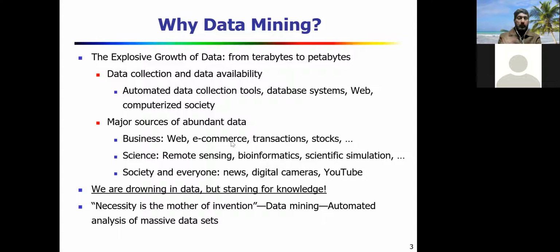So we would like to explore that data and extract the relevant nuggets of knowledge, something that we can act upon for our various endeavors. This is the key motivation behind data mining.